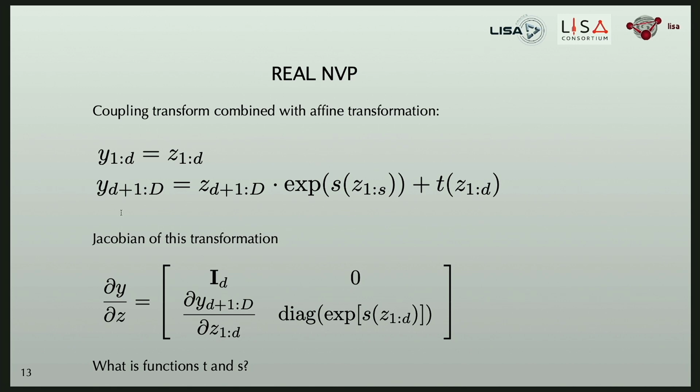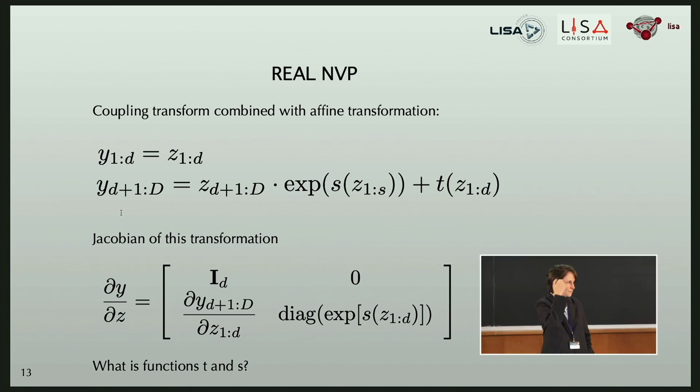So, for example, one of the first transformations that were proposed is called real non-volume preserving flows, and here are the expressions that are used for the coupling transformation, and here is the expression for the Jacobian that they have.